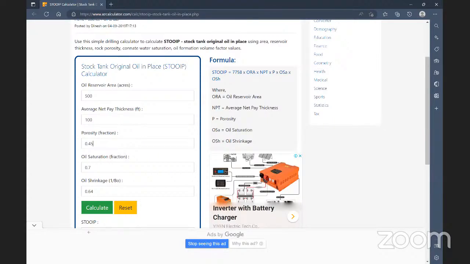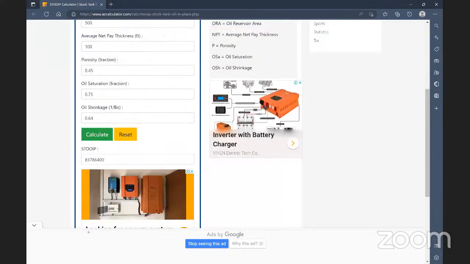In other words, the rock is so porous that 45% of that volume of rock is pore spaces or open spaces that oil or gas can occupy. In this case, oil. Okay, and then let's again imagine that oil saturation is in this case 75%, and shrinkage factor is 0.64, 1 over B sub O. If you run the calculation, it's giving us 83.7 or 83.8 million barrels of oil.